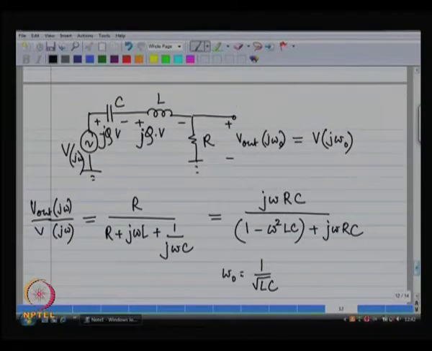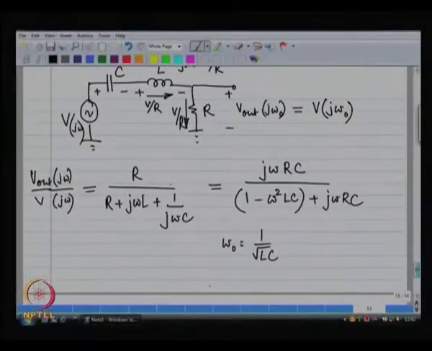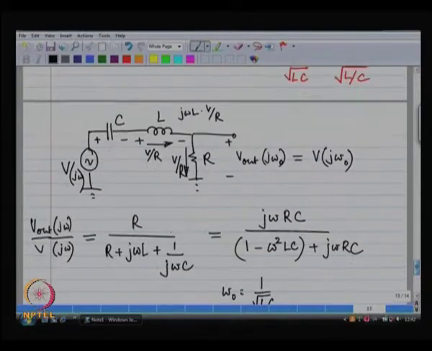Okay, instead of writing Q times V, let us do this properly. The current at resonance, the voltage across the resistor is V. So, the current is V by R. So, the drop across L is j omega L times V by R. The drop across the capacitor, actually that is enough, and the current is V by R. So, the peak energy stored in the inductor is half L I squared, right.